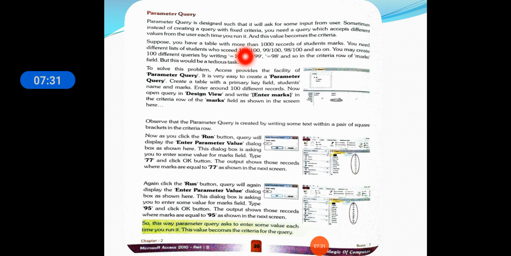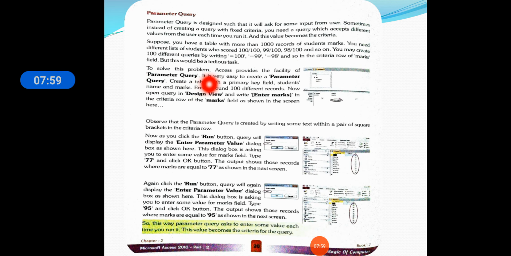Suppose you have a table with more than 100,000 records of student marks. You need different lists of students who score 100 out of 100, 99 out of 100, 98 out of 100, and so on. You may create 100 different queries by writing equal to 100, equal to 99, equal to 98, and so on in the criteria row of the marks field, but this would be a tedious task.